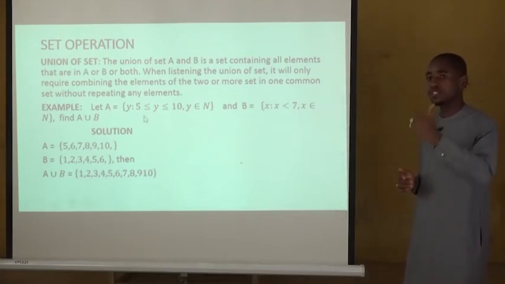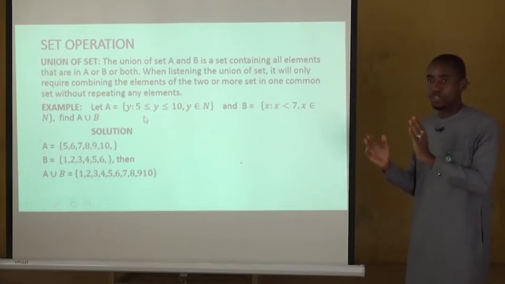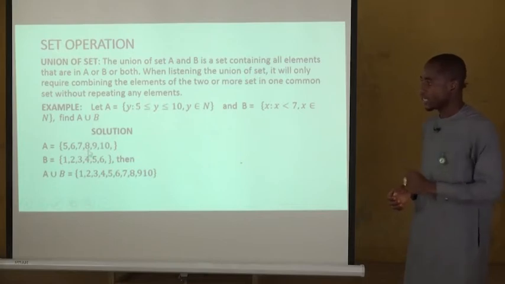That is, the elements will start from 5 and terminate at 10. That is the boundary, 5 to 10. 5 is included, 10 is also included. But take note, we said y belongs to the set of natural numbers. So therefore our set A will be 5, 6, 7, 8, 9, and 10. That is the interpretation of the statement.